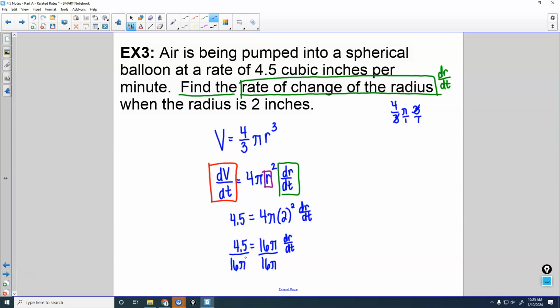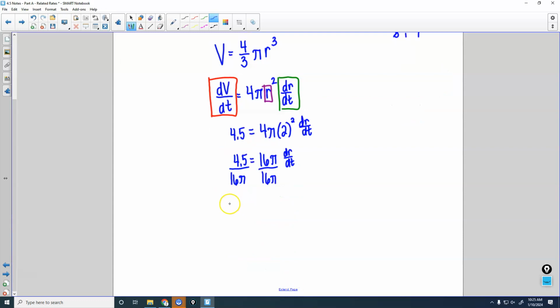I don't like having decimals and pies, so I'm just going to go with decimals on this. If they wanted it to be a calculator inactive problem, they probably wouldn't give you 4.5 for that. They'd probably just give you like 4. So if we divide that in the calculator, I'm getting, oh wait, hold on, I might not have done that right. 4.5 divided by 16 pi.